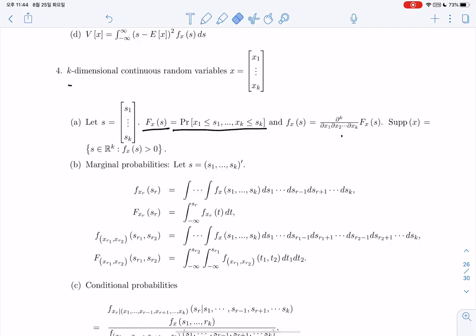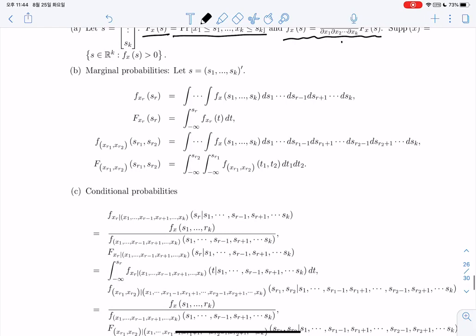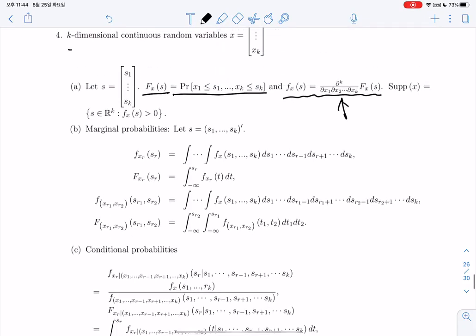And the PDF here is the kth order partial derivative. Okay. This is your joint PDF.